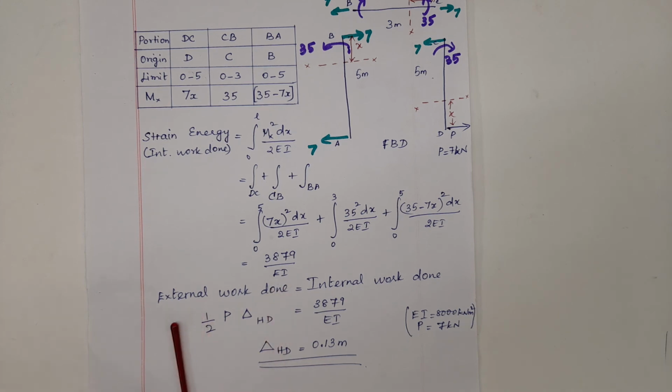I can write external work done and equate that with internal work done to find the deflection at the roller end. So external work done is given as half P delta. Internal work done is the strain energy. Equating both, I get the value of deflection. Since EI and the value of load are given, I just substitute to get the value of horizontal deflection.